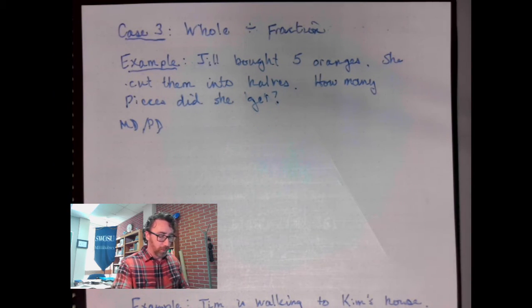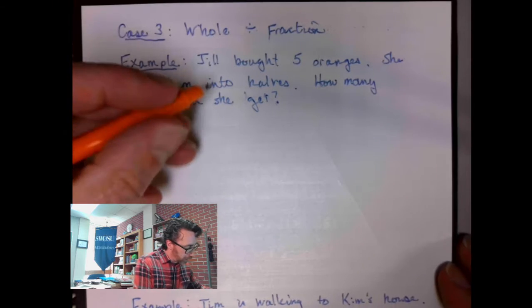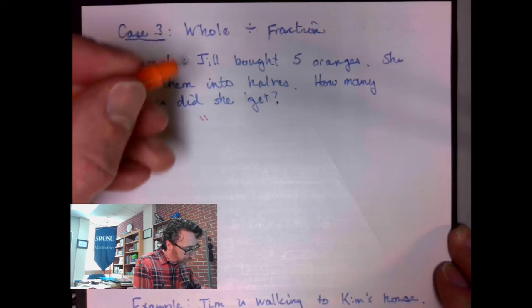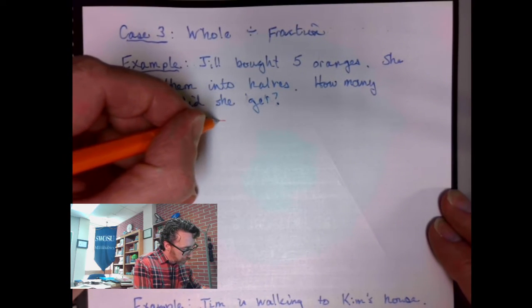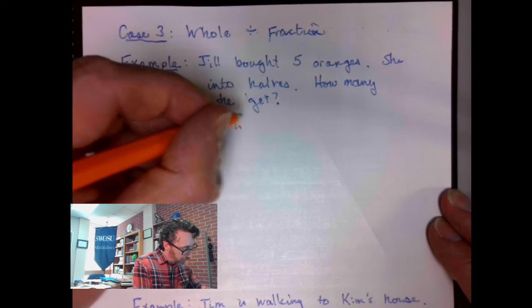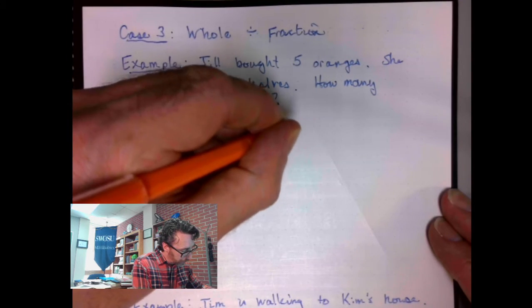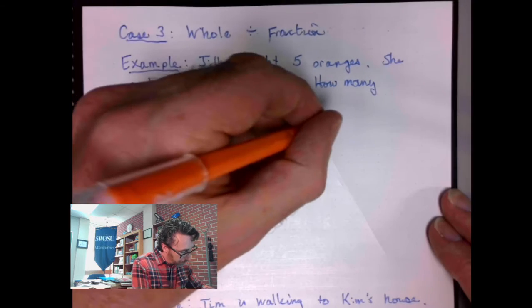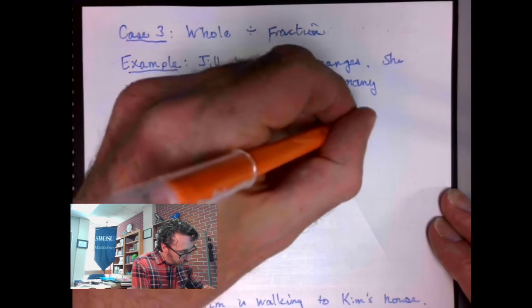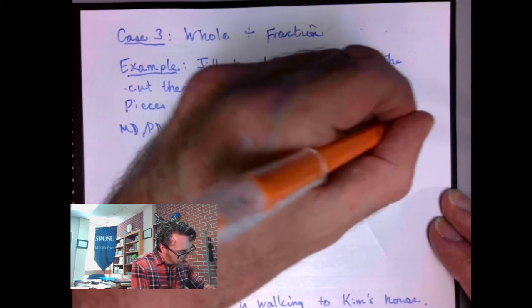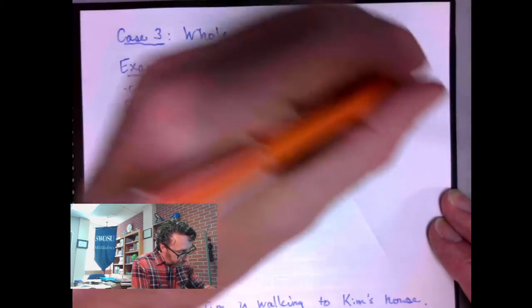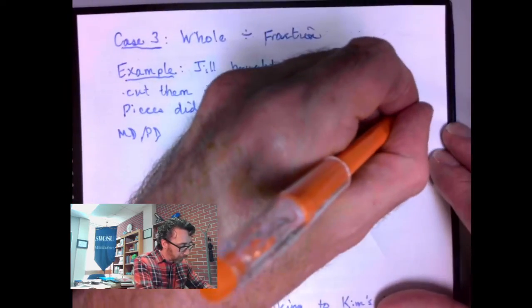So, when we are thinking about this problem, we're thinking about it like this. 5 is how many groups of 1/2? That's our thinking.